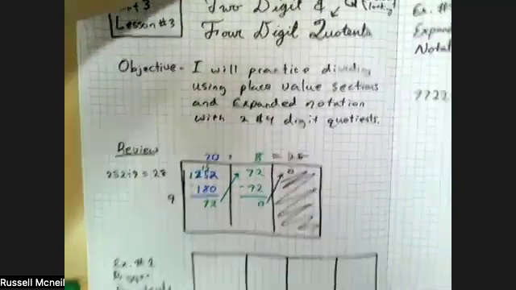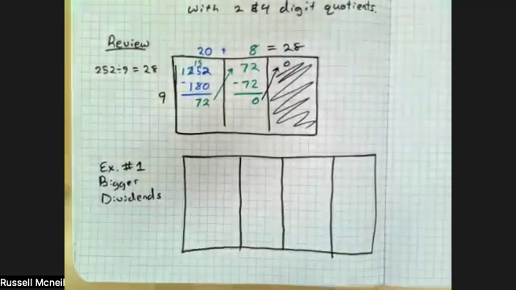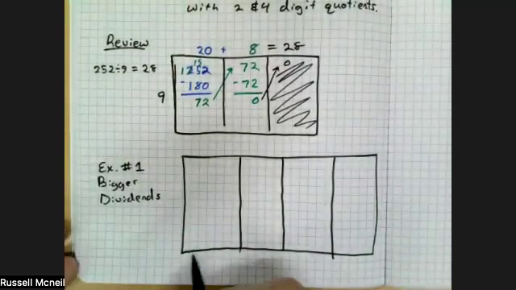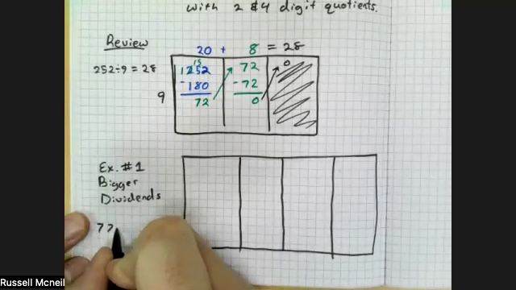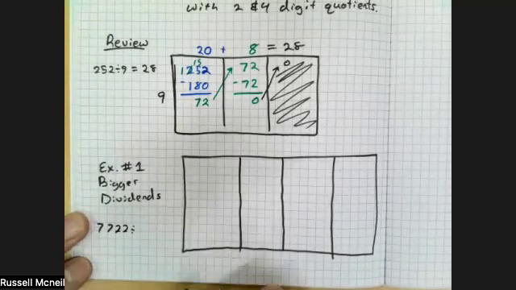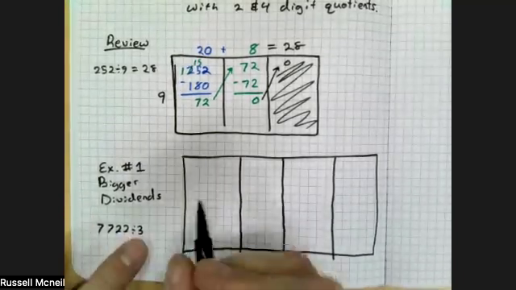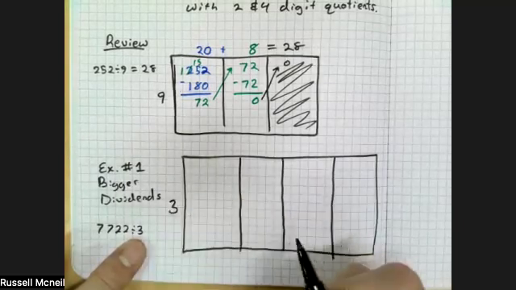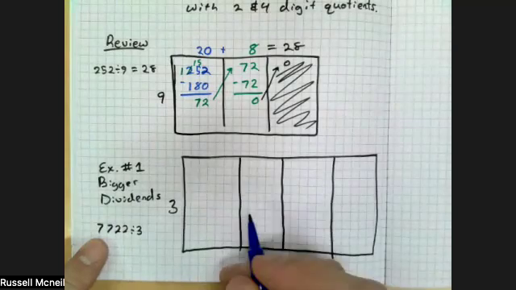All right, let's do a slightly larger dividend. This time around, we're going to use, let's see, 7,722 divided by 3. So again, we're going to take our lonely divisor. We're going to put the divisor on the outside. We're going to start with our 7 here.